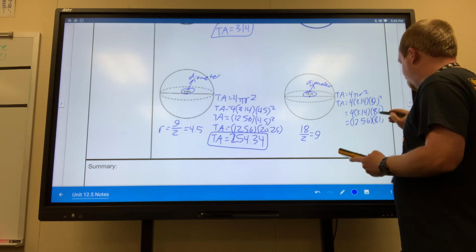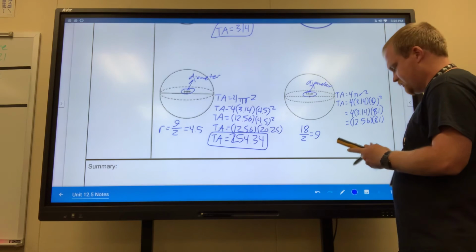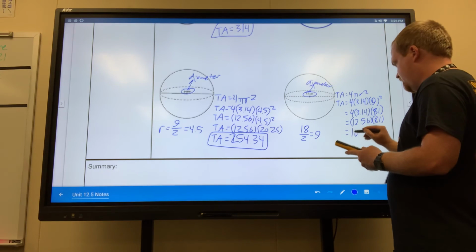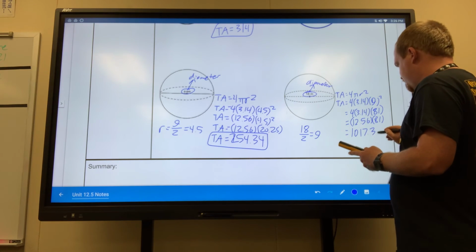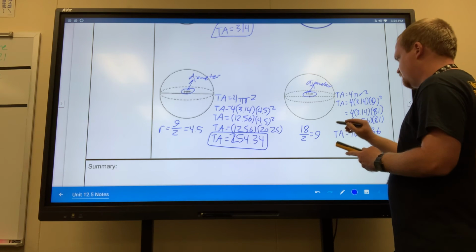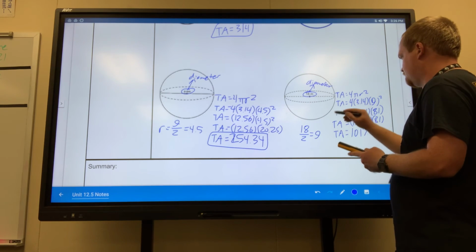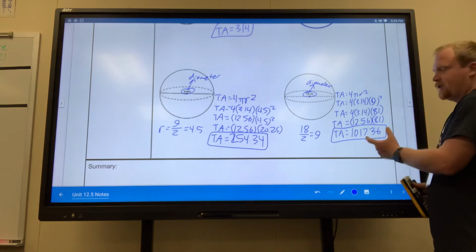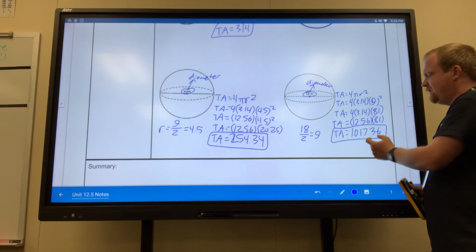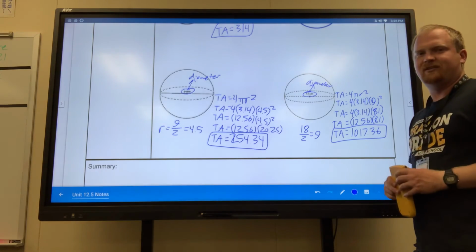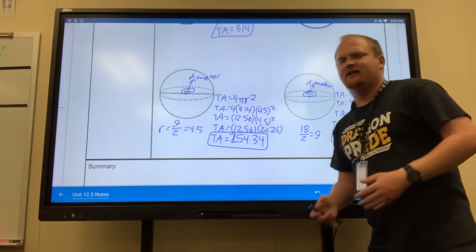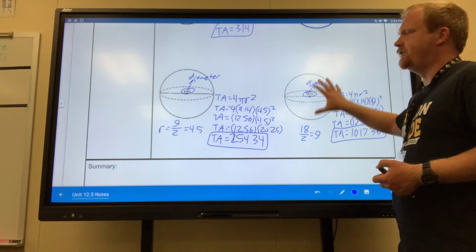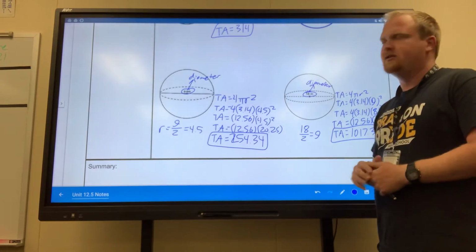And of course I have to multiply by 81, which gives me 1017.36. So my total surface area is 1017.36, and that is the surface area for the sphere with a diameter of 18.